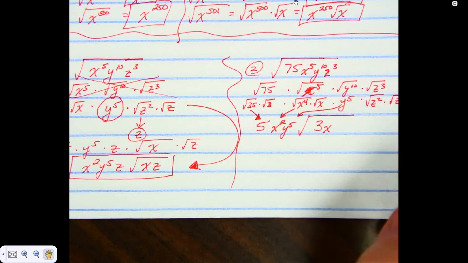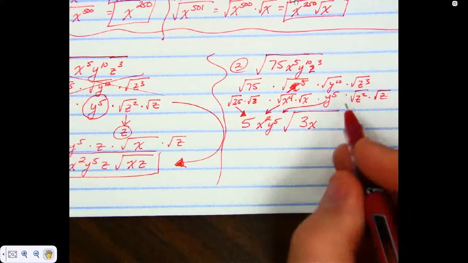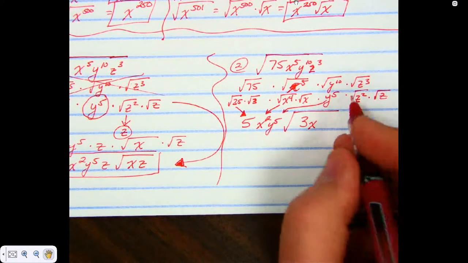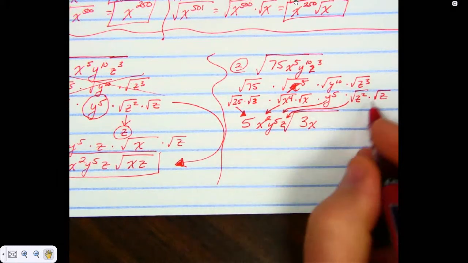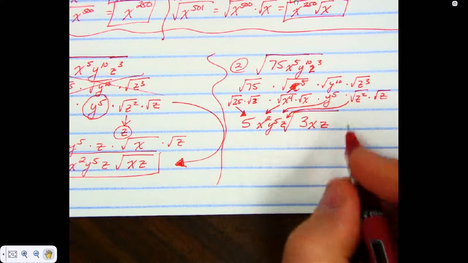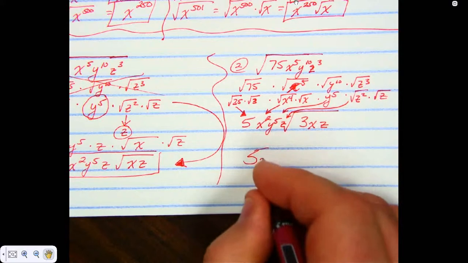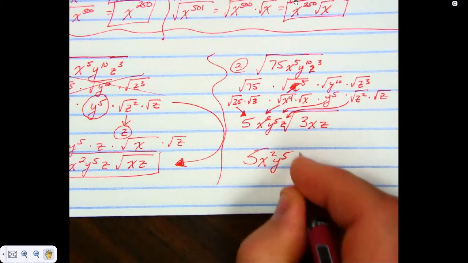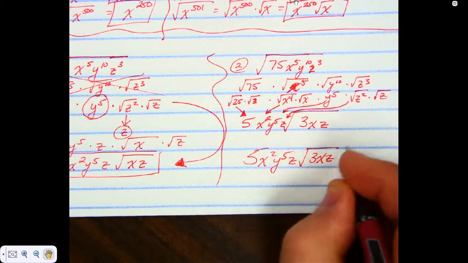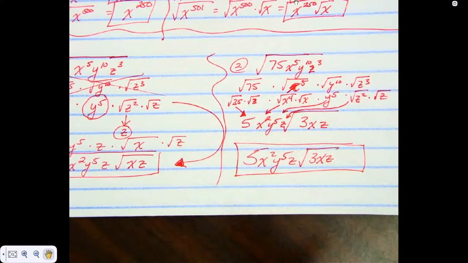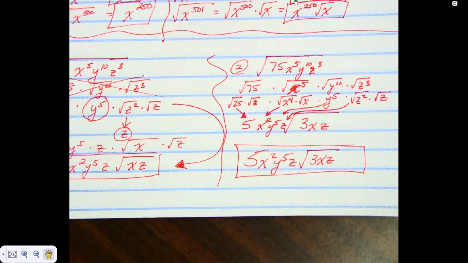Everybody okay there? Over here, what about this? Square root of z squared, what does it become? So that goes right there. And then what's left inside? So as you can see, your answer is 5x squared, y to the fifth, z, square root of 3xz. That's a mouthful. It's just a big mess, isn't it?